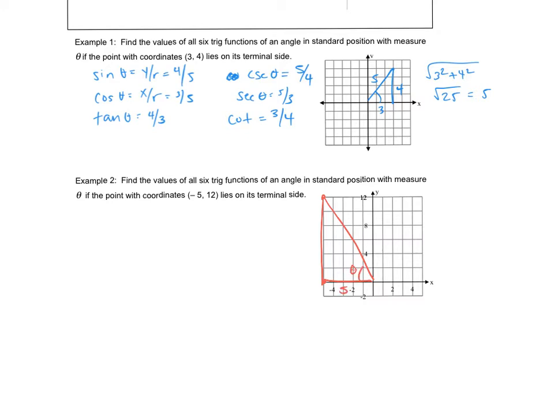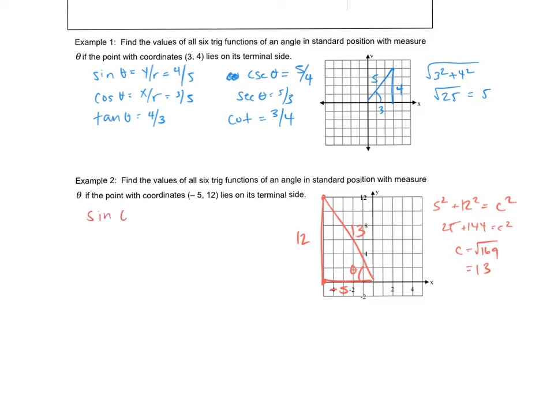So this side is 5, but it's negative, and this side is 12, and I'm going to use the Pythagorean theorem to find my hypotenuse. So this is 25 plus 144 equals c squared, so c equals the square root of 169, which is 13. So let's look at all 6 of our trig functions.